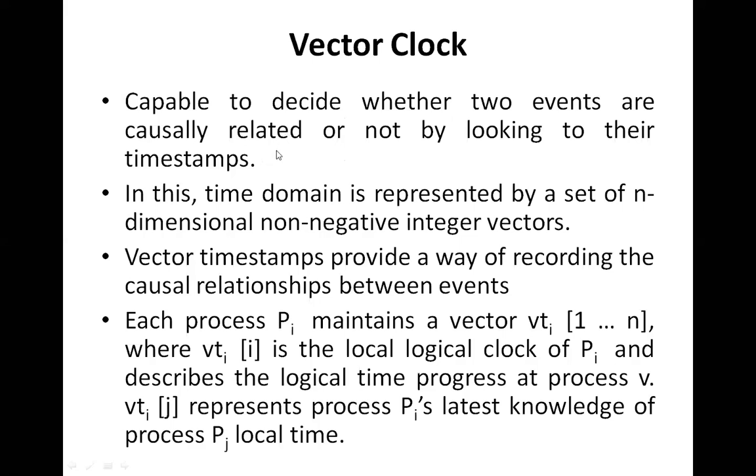The vector clock is represented in the time domain as a set of n-dimensional non-negative integer vectors, where n stands for the number of processes running in parallel.